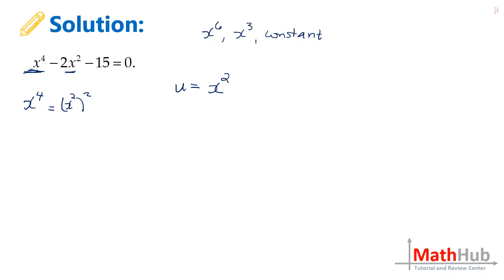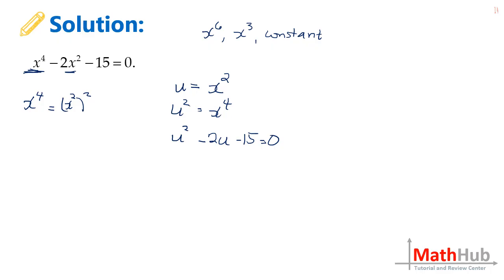And then, if that is the case, x to the 4 is now u squared, right? So when we substitute, we now get u squared minus 2u minus 15 equals 0.